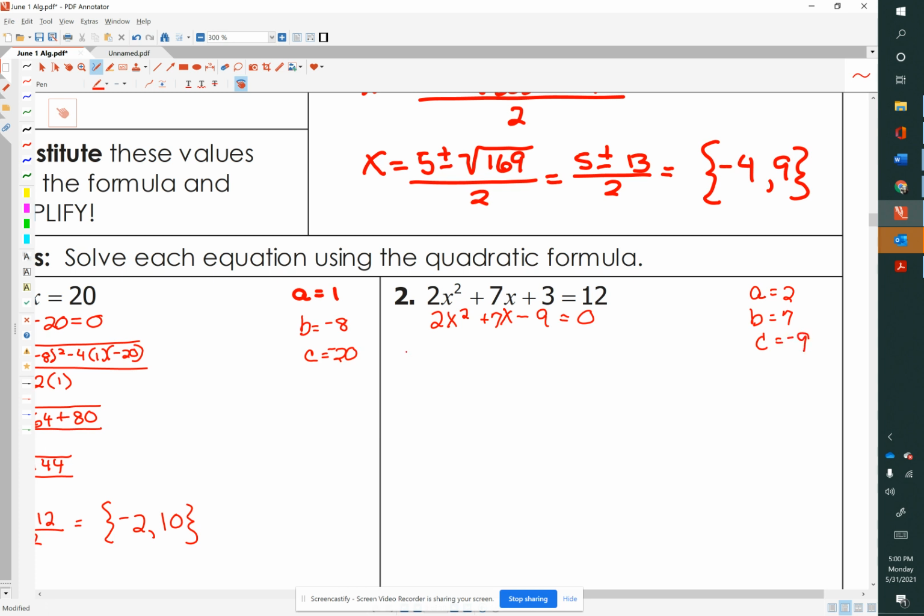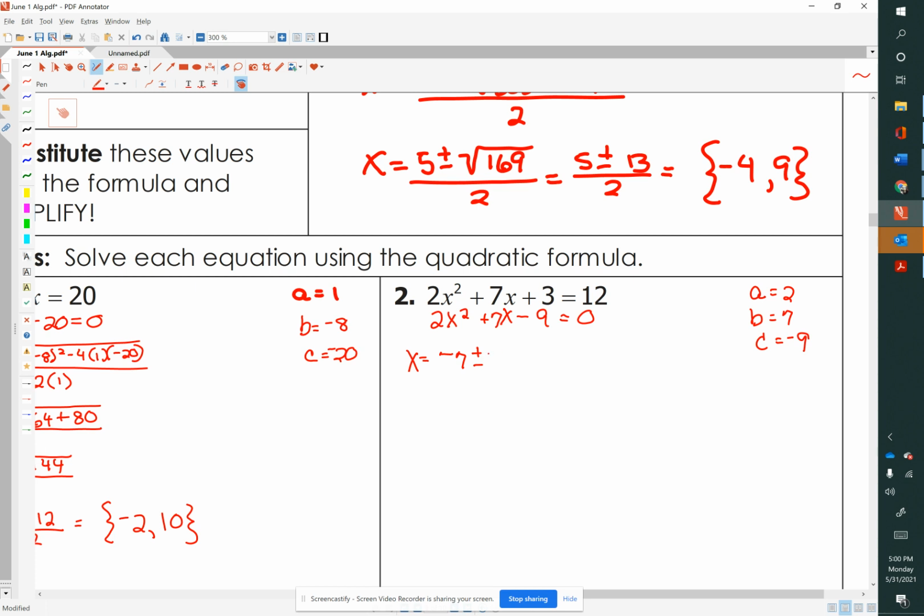Then we'll make our substitutions. Be careful, remember it's -7 here because we have a +7. Last time we had a negative b value. The formula itself is -b plus or minus.